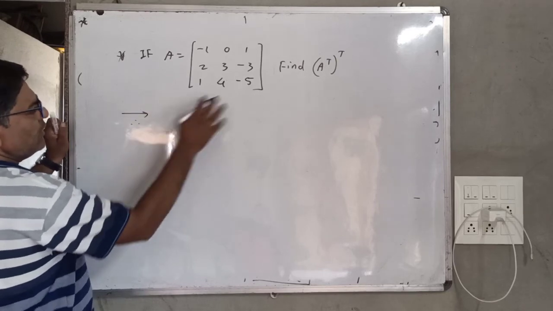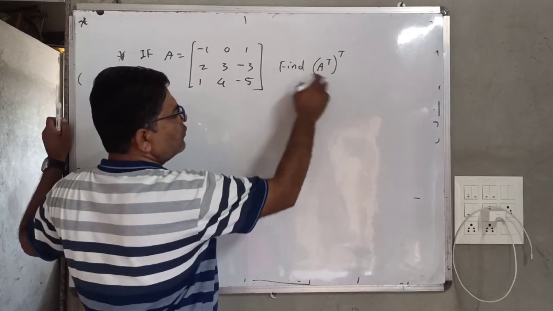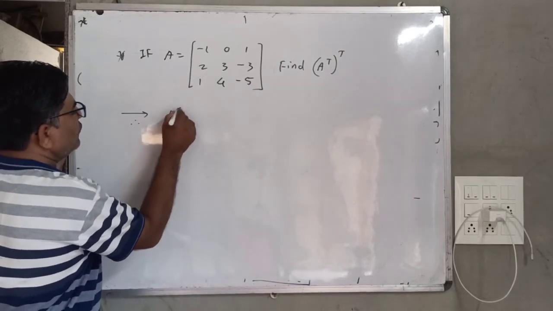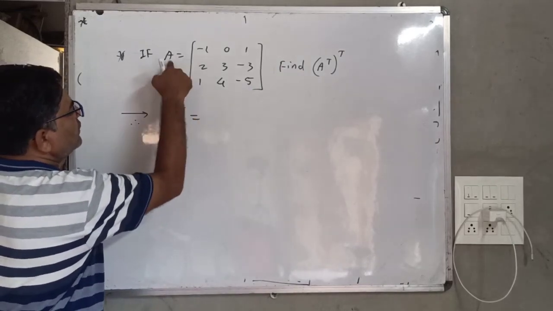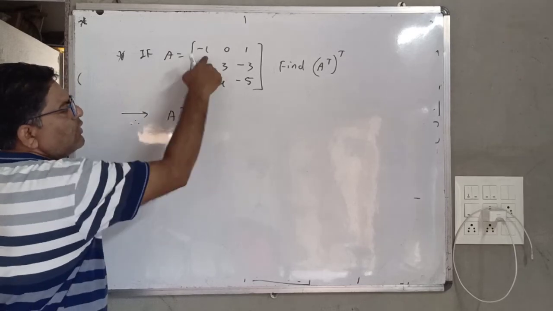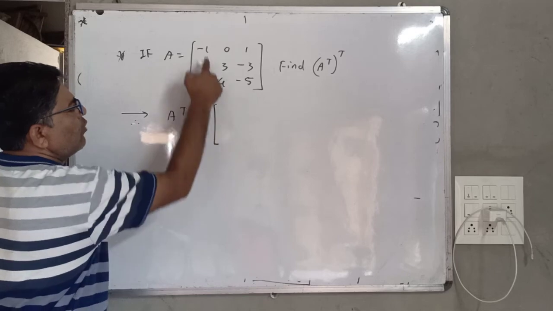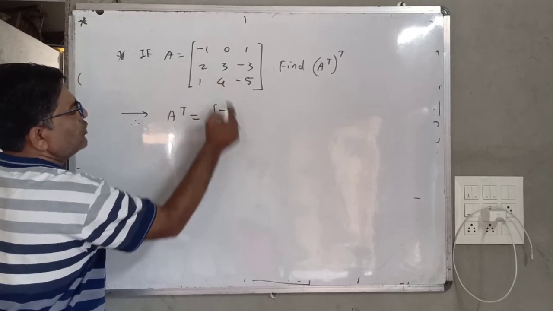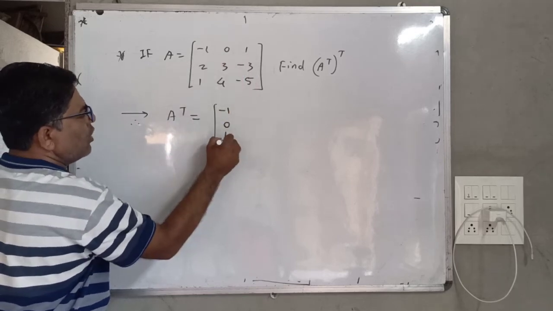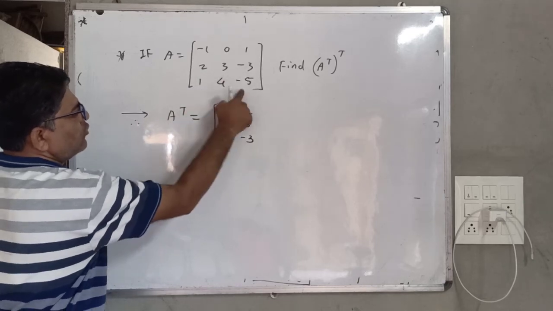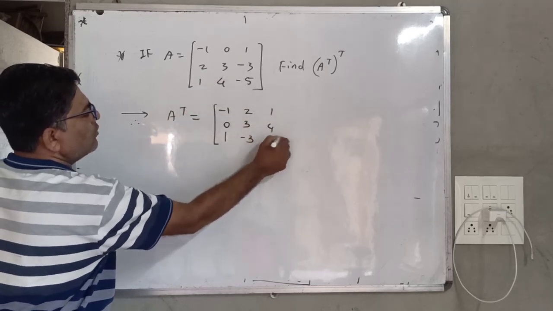Very simple example, we know the transpose of transpose matrix will be the same matrix. The first transpose is to just interchange the rows and columns. This row becomes a column, this row becomes a column, this row becomes a column.